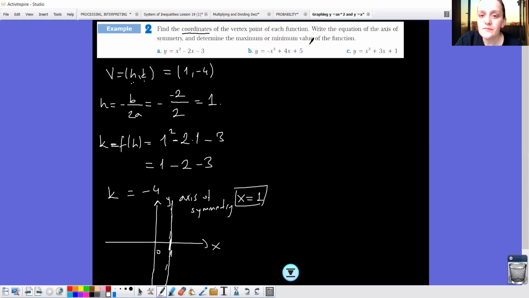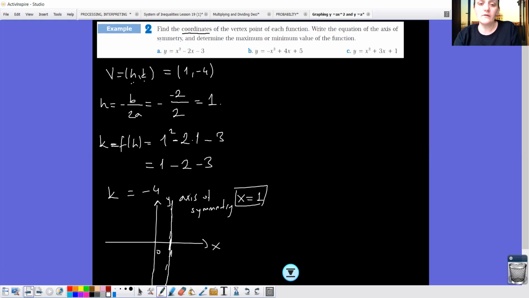And determine the maximum or minimum value of the function. So will this function be upwards or downwards? Downwards? Why downwards? Because we have minus y. Well, the vertex coordinate is minus y. But for saying if the parabola is upwards or downwards, we are not looking at the coordinates of the vertex.